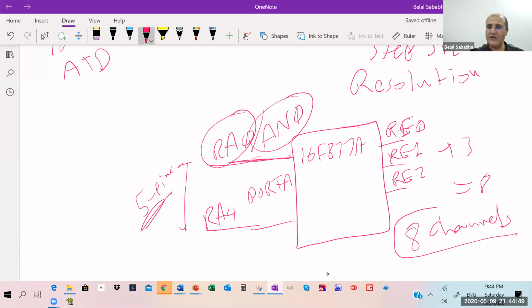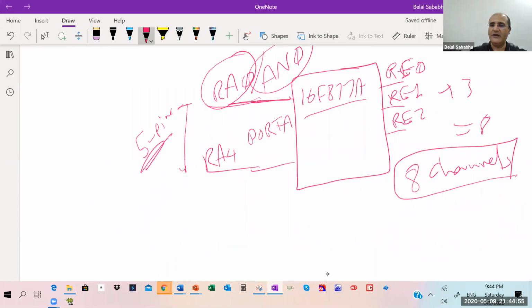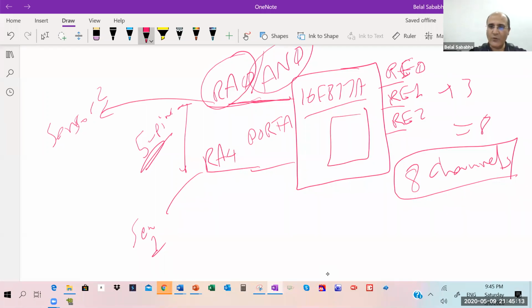So the 16F877A controller has 8 channels that you can connect 8 sensors to. Sensor 1, sensor 2, etc. 8 sensors. Now, inside, I have only one A to D.